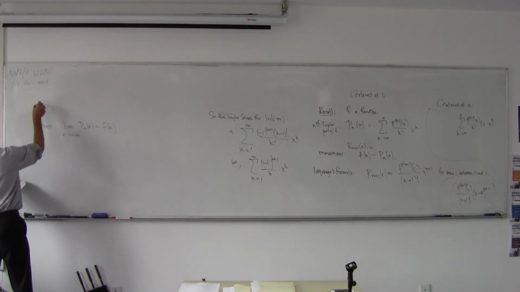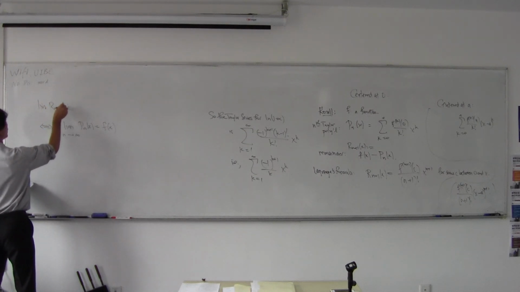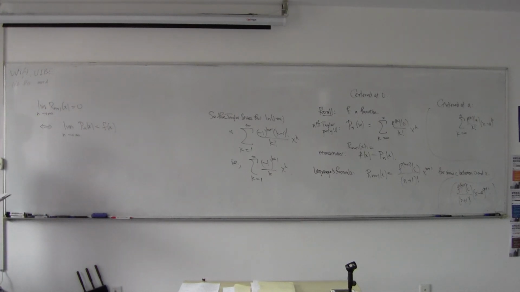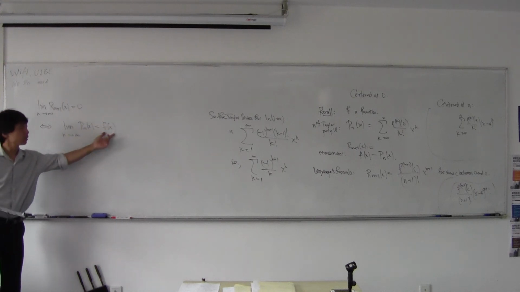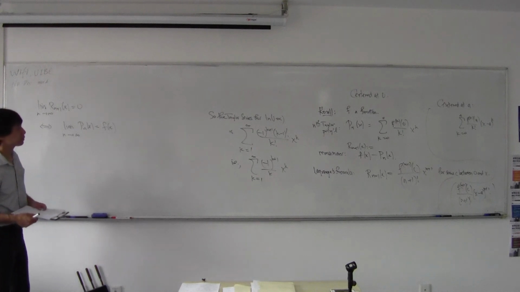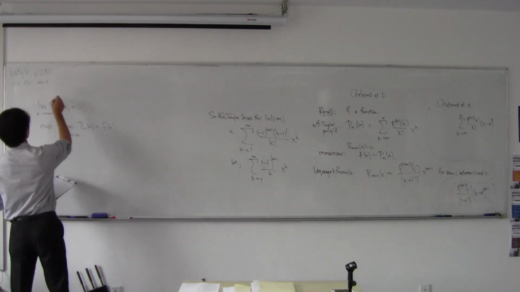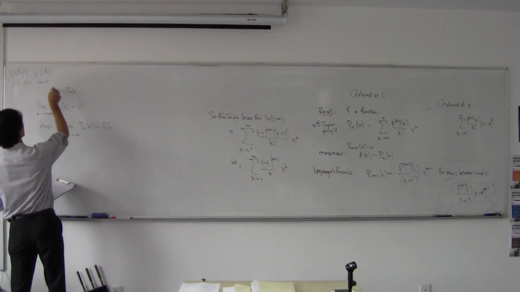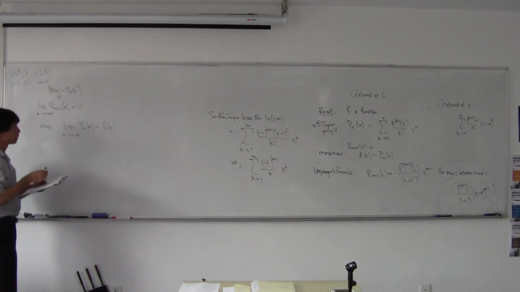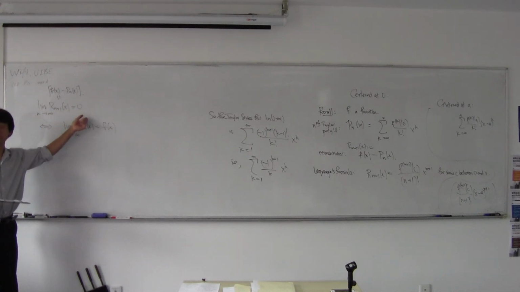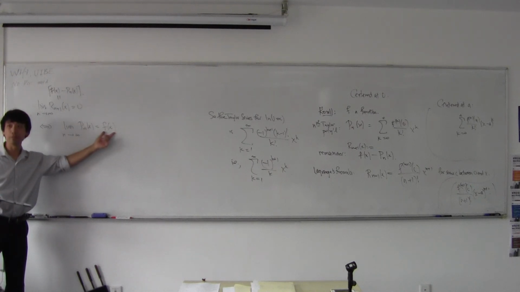The limit of the remainder being 0 as n goes to infinity is the same thing as saying that the limit of the polynomials is your function. Remember, this is f(x) minus P_n(x). If the remainder goes to 0, that means your polynomials come back to your function.